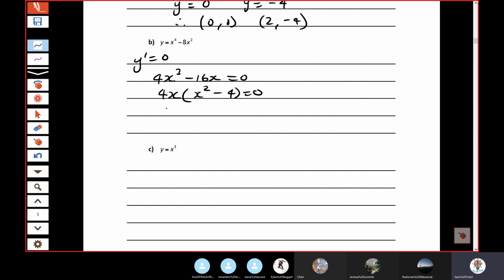And then obviously you get x equals 0 and x equals plus minus 2, 2 and negative 2. Let's just separate them and then sub it back in. At 0, y equals 2 to the power 4 minus 8 times 4, negative 16. And this should also be negative 16.